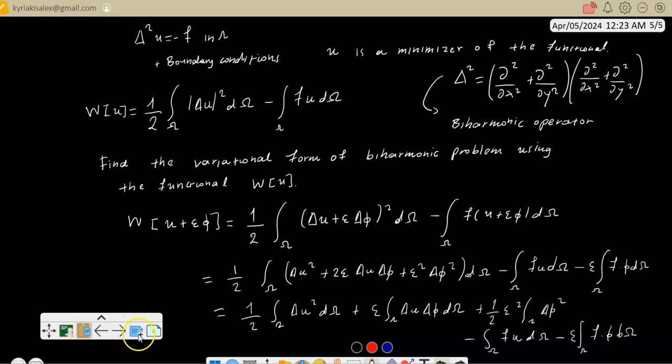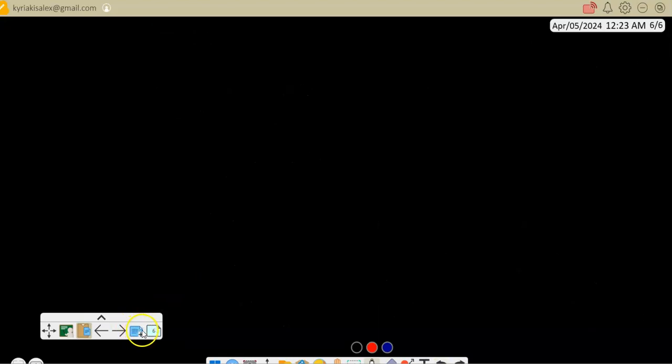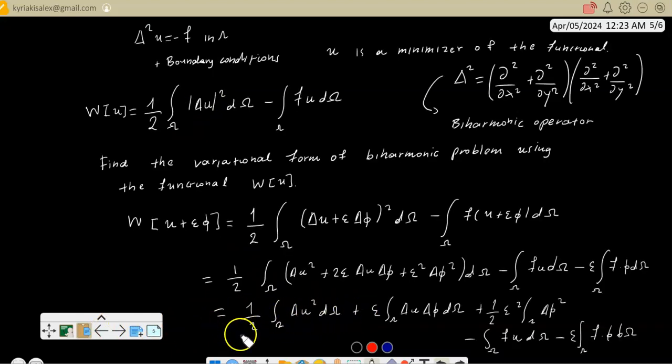Now we can write this in the following way. W, the functional of u plus epsilon phi, equals W of u. If you notice here in the previous page, this one and this one together give me this functional W. So I substitute to make the relationship a little more elegant, and then I end up having three terms.